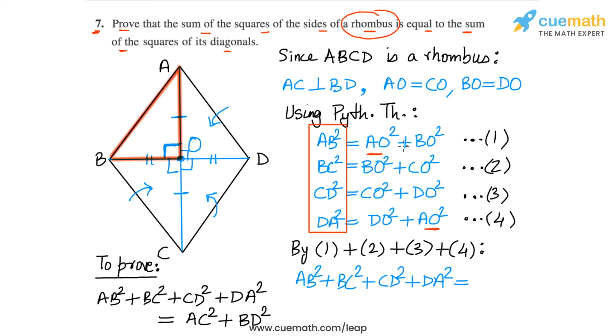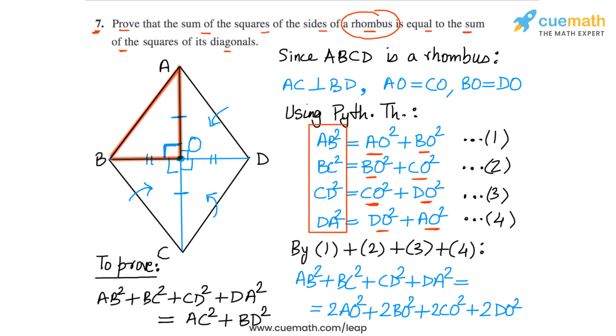So that's twice AO square. Similarly, we have BO square and BO square. So twice BO square, then twice CO square, and then twice DO square. So we have twice AO square plus twice BO square plus twice CO square plus twice DO square. Now let's simplify the right hand side that we have obtained.